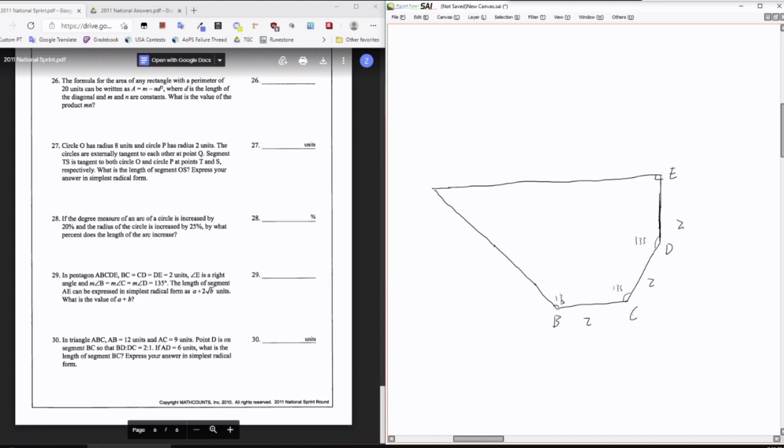This is 135. The total angle measure of a pentagon is how much? That's 540 degrees.